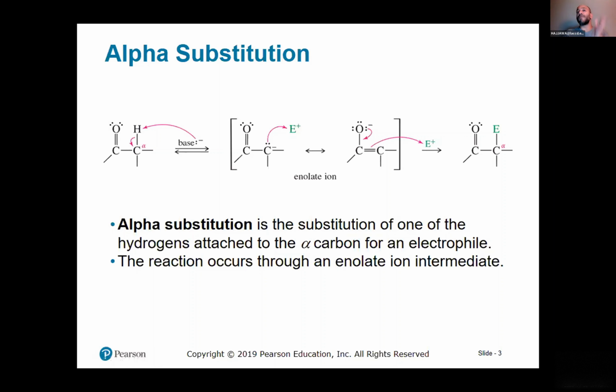All of these alpha carbon hydrogens, once they get deprotonated, that's where the attack is going to be from on the electrophile. And that's where you see the alpha carbon attached to the electrophile. Now, that electrophile can be an alkyl halide, can be an acyl halide, can be a halogen. And that's what we're going to see in the following slides.